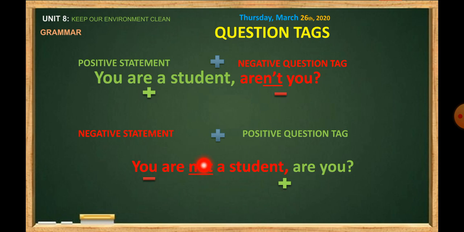This is the first rule. Let's repeat it. If the statement is positive the question tag should be negative. If the statement is negative the question tag should be positive. Nice. Let's move.